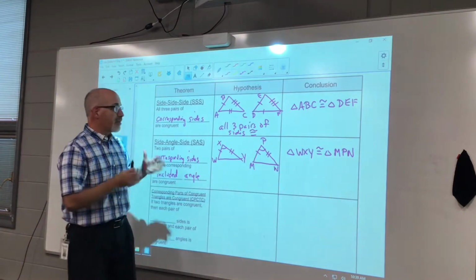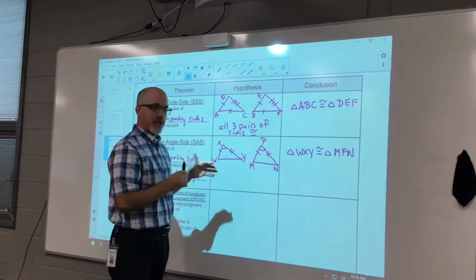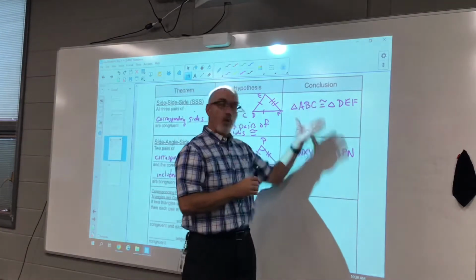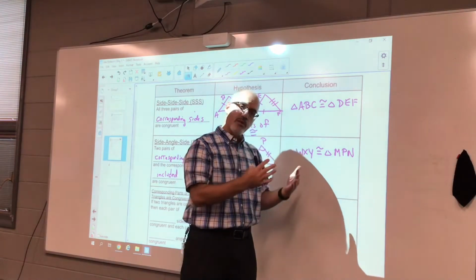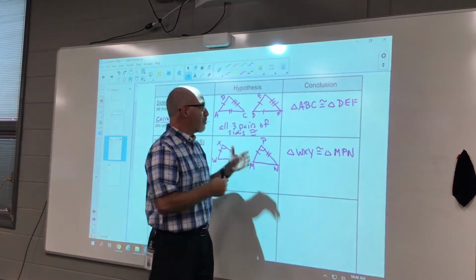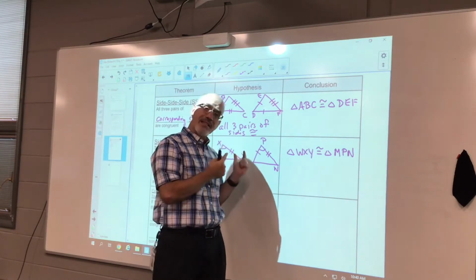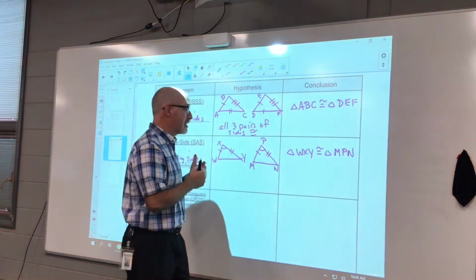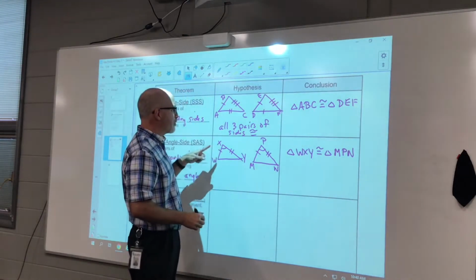What's nice is, remember, congruent triangles means all the sides are congruent, all the angles are congruent. So if we start here, we can say all the sides, all the angles. But what if we want to prove a triangle congruent? You'd have to prove 3 pairs of sides and 3 pairs of angles. These theorems are a shortcut. Instead of proving 6 things congruent, you only have to prove 3.